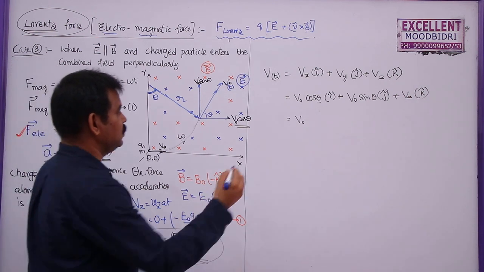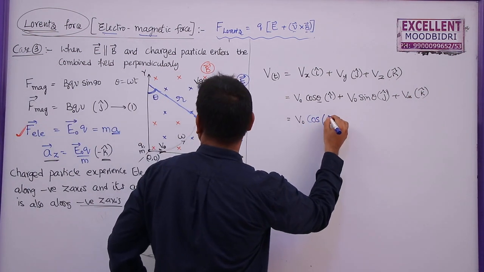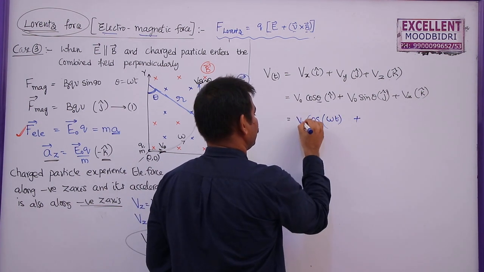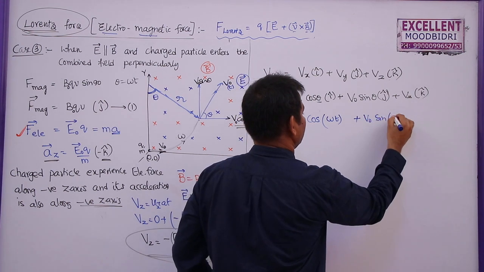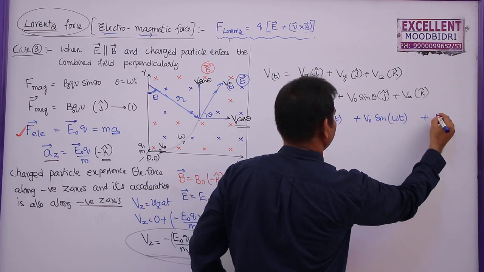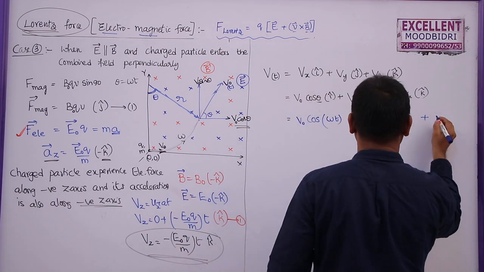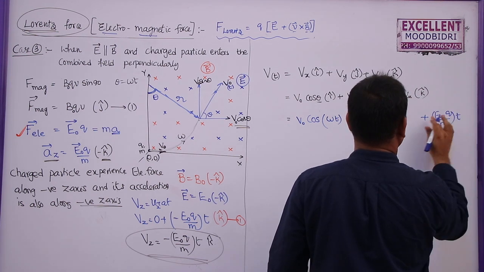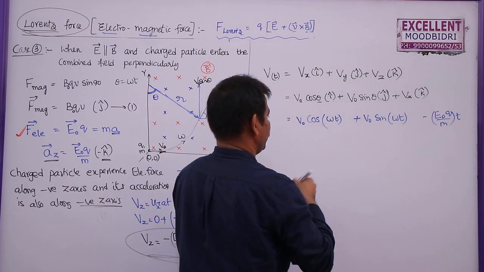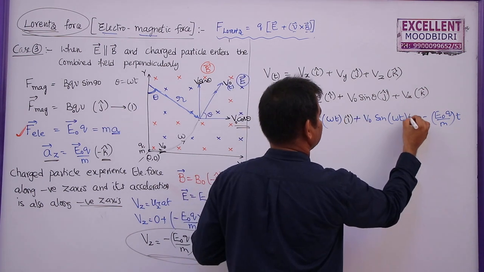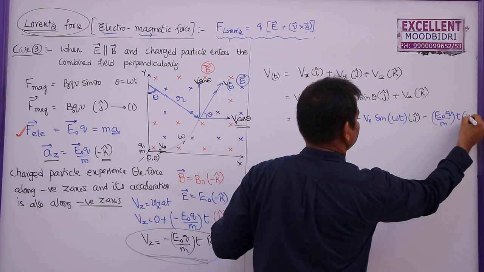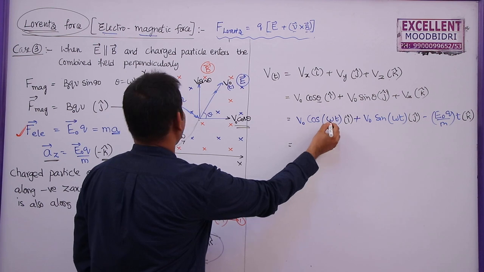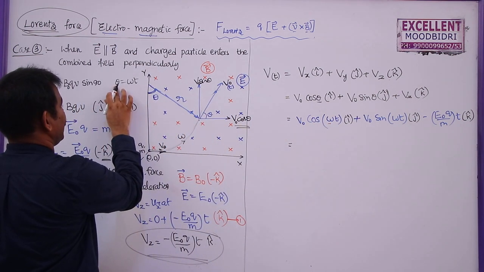So this is v naught cos omega t i cap, this is v naught sin omega t j cap, and this is minus E naught q by m t k cap. Now these vectors: this is i cap along the x axis, this is along the y axis, and this is along the z axis.